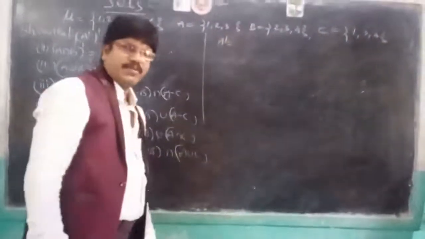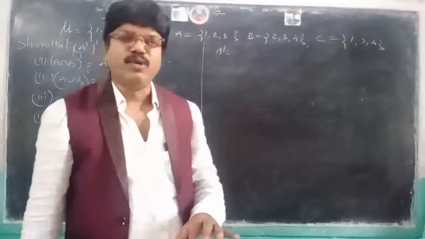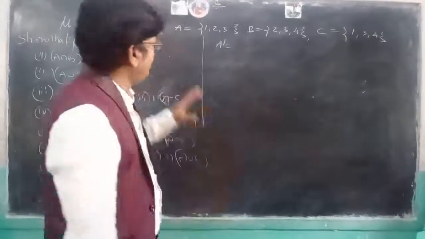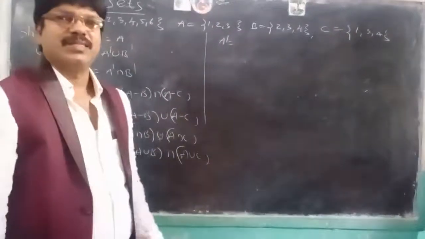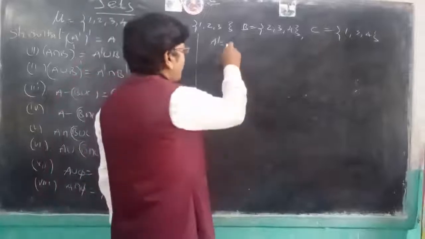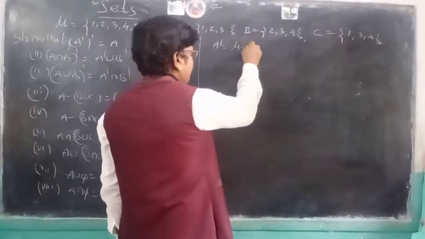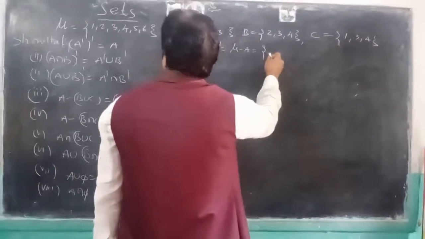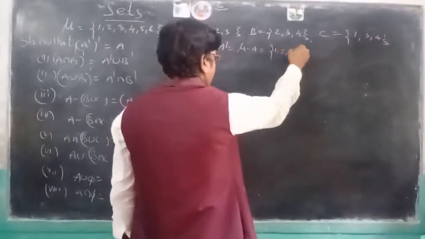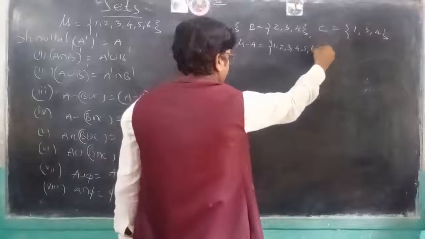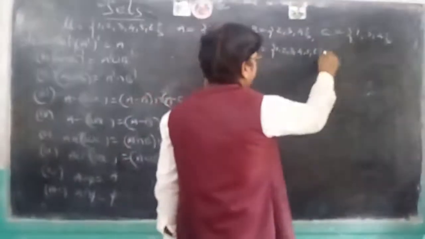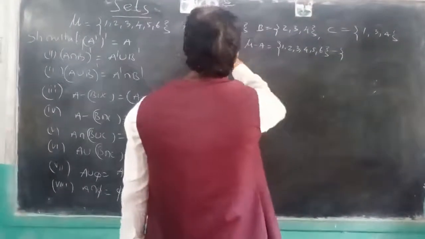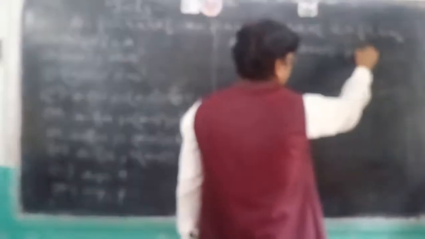A dash equals mu minus A. Mu is the universal set. Mu minus A equals the set 1, 2, 3, 4, 5, 6 minus A, which is 1, 2, 3.